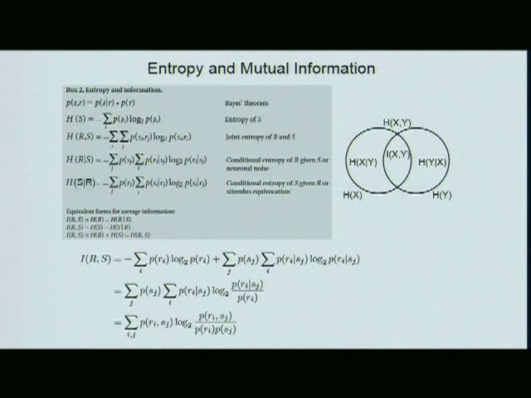The information between R and S, the response and the stimulus, could either be the response entropy minus the conditional entropy of R given S, or the stimulus entropy minus the conditional entropy of the stimulus given R. Or even this funny extra term here, the response entropy plus the stimulus entropy minus the joint entropy, which we didn't actually talk about, but they're all equivalent. And so if you switch, what's the information between S and R? It's the same as the information between R and S. It doesn't matter. It's symmetric in direction here.